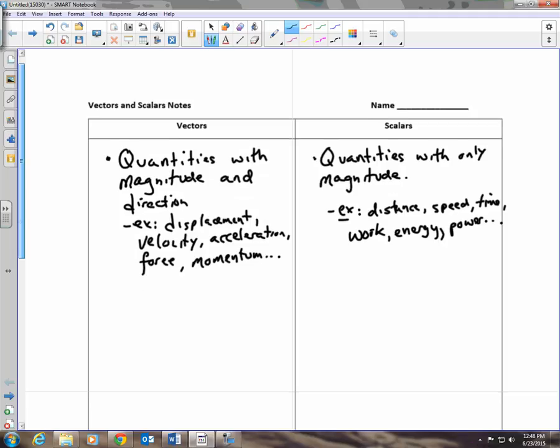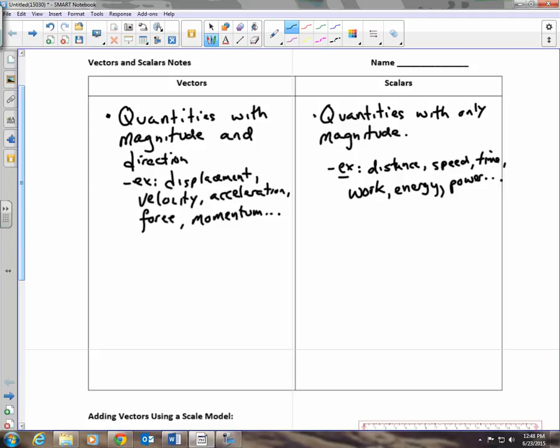Now, scalars are normal numbers. You can simply add, multiply them. Okay? It gets a lot more complicated with vectors.